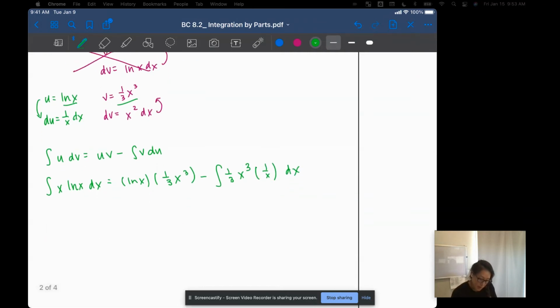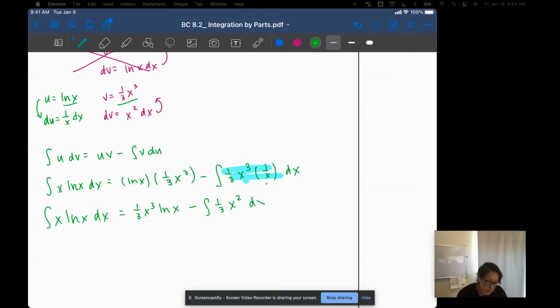Okay, let's simplify my integral here. So I get the integral of x squared ln x dx is equal to, and then I'm just going to rearrange this. I like to put the 1/3 x cubed before the ln of x, minus the integral of, let's see, the x cubed over x is going to give me 1/3 x squared dx.